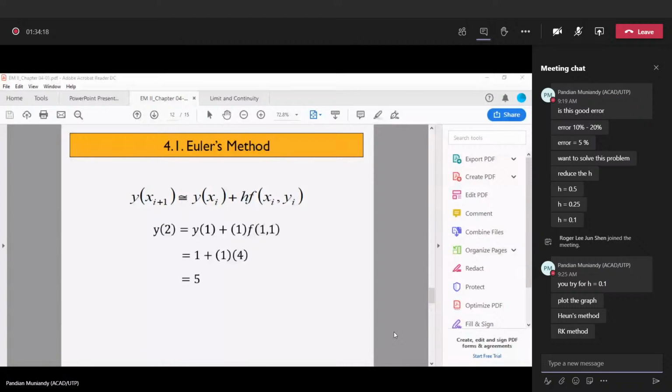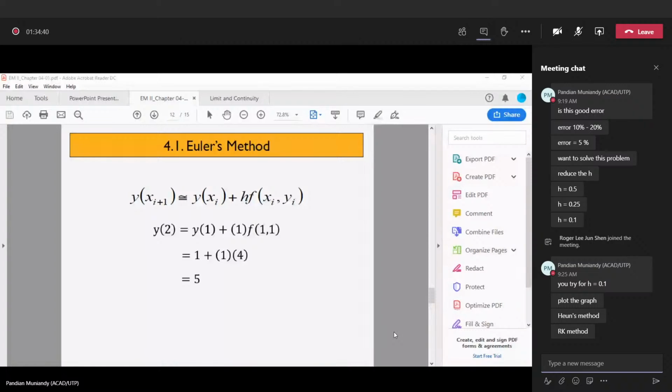So if you find that the error is too high and they ask you to improve the error, minimize the error, the most challenging question is how to minimize the error.